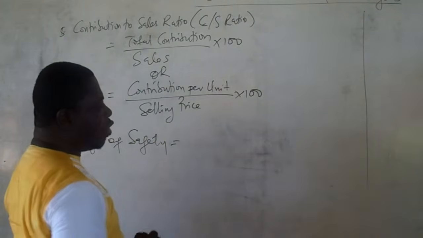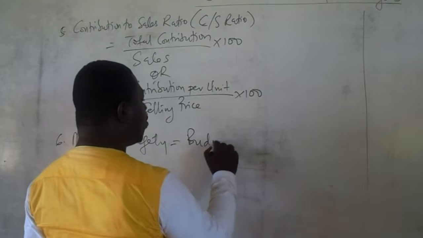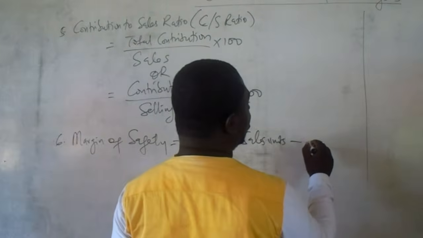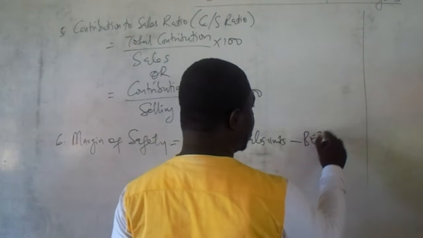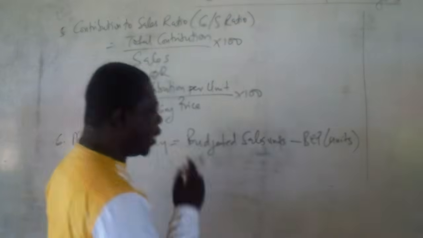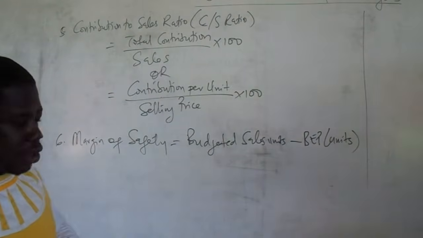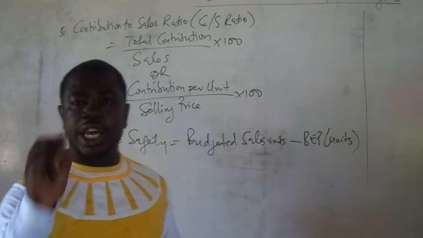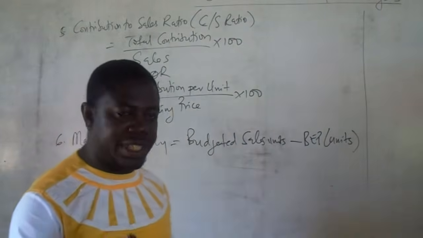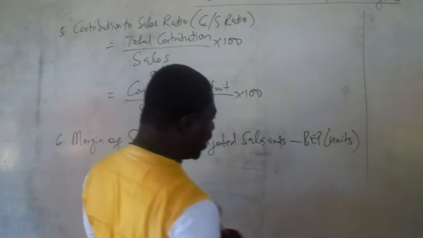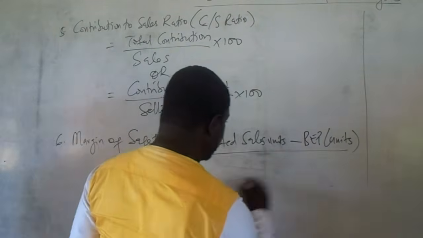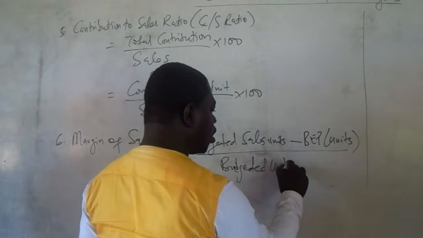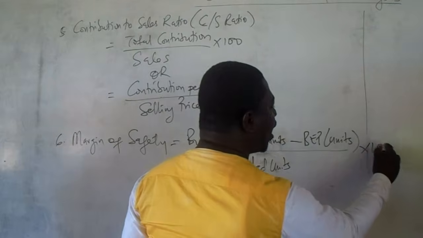And so your margin of safety is going to be your budgeted sales units minus your break-even point in units. And this is how you find your margin of safety. Now, if you want to calculate margin of safety as a percentage, then you divide this by the budgeted units, and then you multiply the answer by 100.